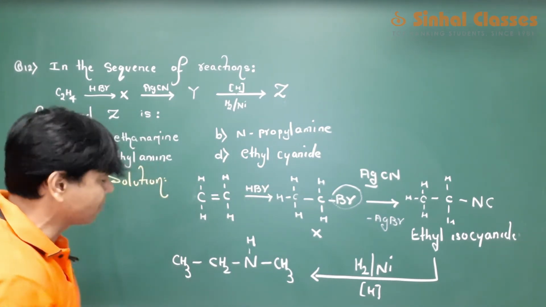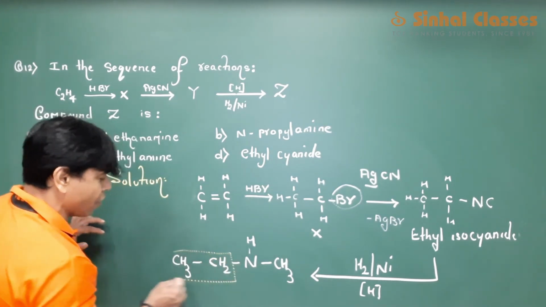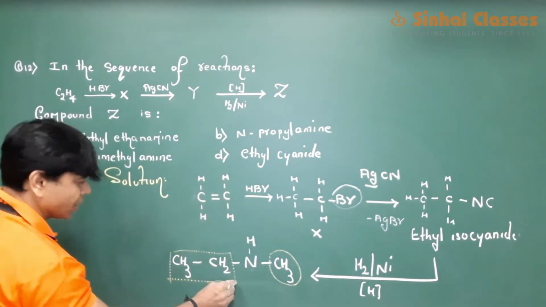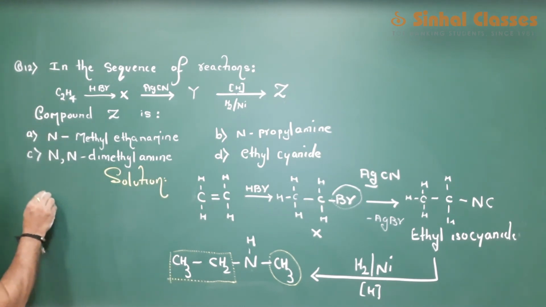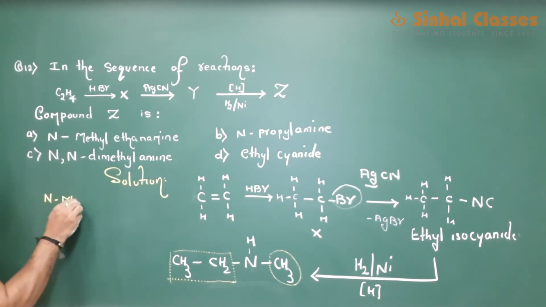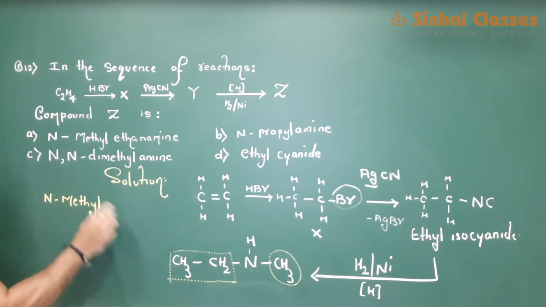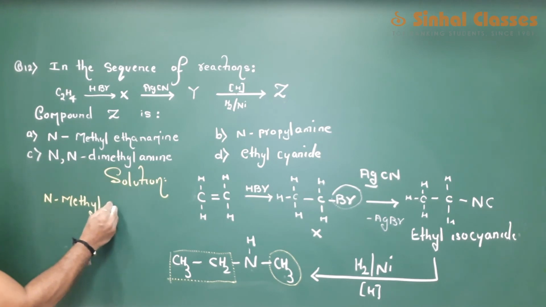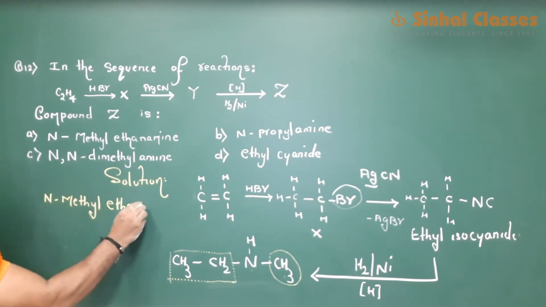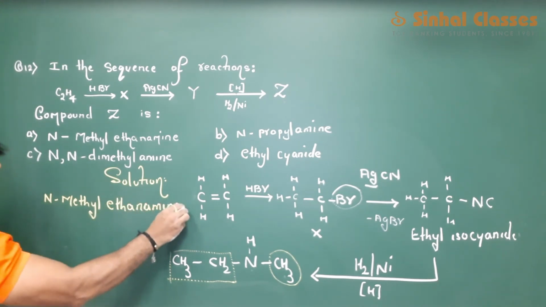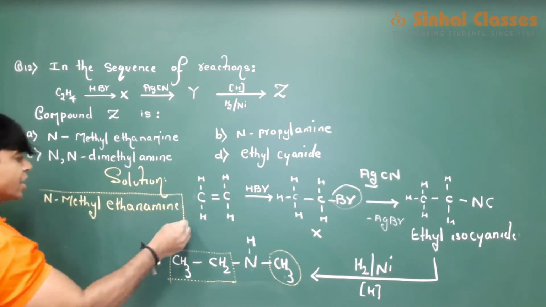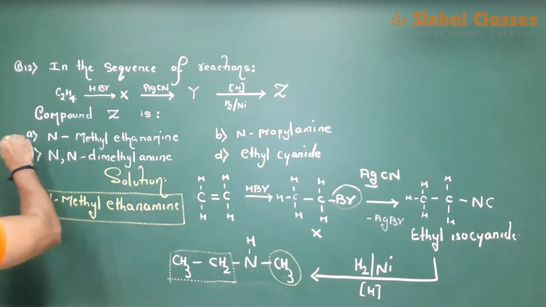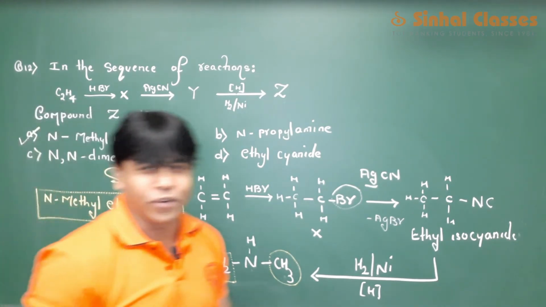Select the longest chain of carbon. This is your longest chain, to N a methyl group is attached. So it is N-methyl, and 2 carbons, so N-methylethanamine. The name of this compound after reduction is N-methylethanamine. So option A is the correct option for that.